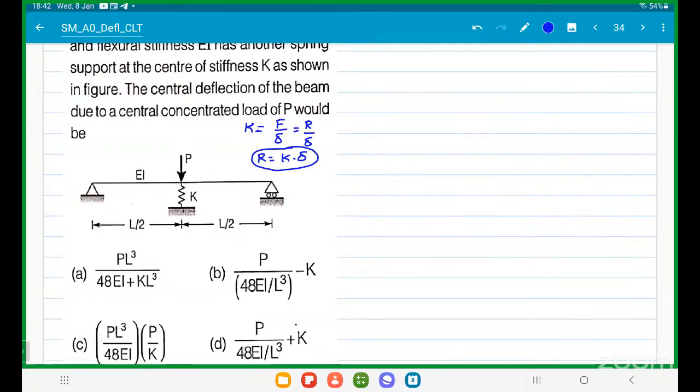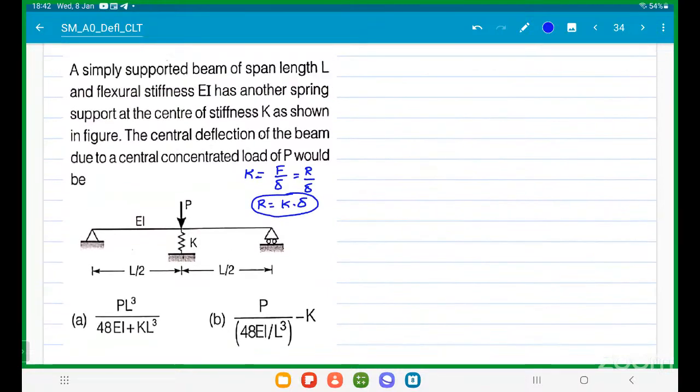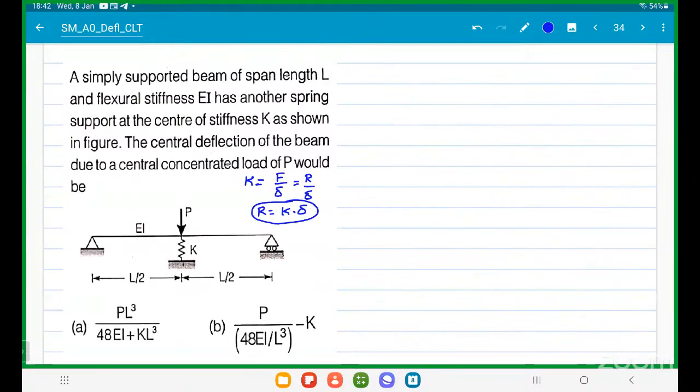Sir, we have the formula, sir: W L cube by 48 EI. From that, we can calculate the resistance. So, the displacement equation is easy to write. Simply draw the diagram.